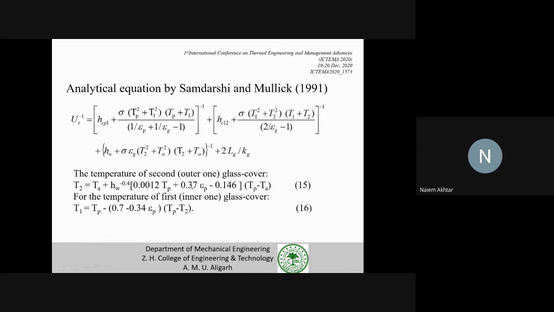Although these relations for the glass covers are approximate, it calculates the top heat loss coefficient with better accuracy compared to the empirical relations which were available earlier.